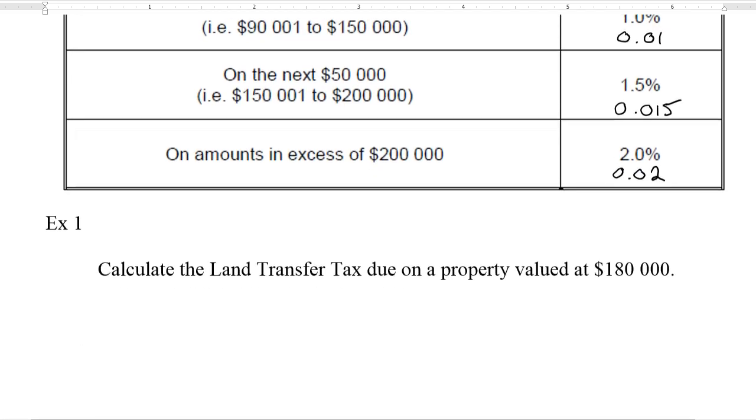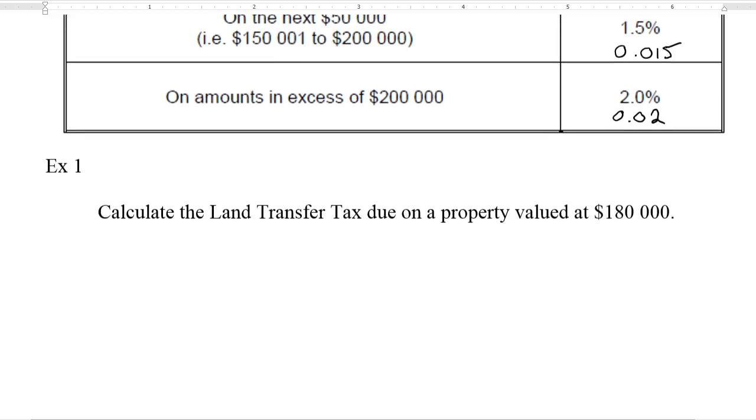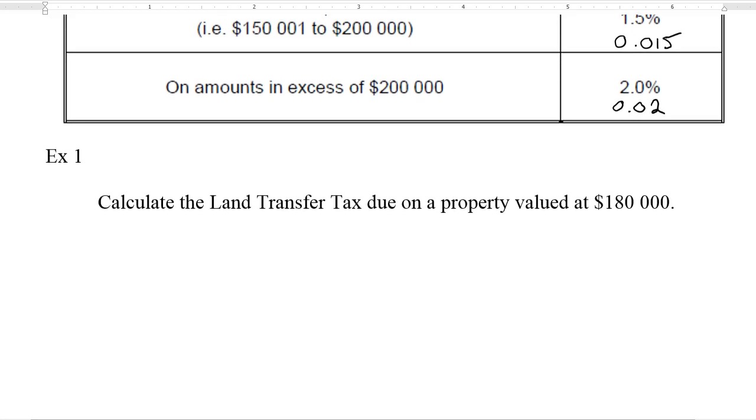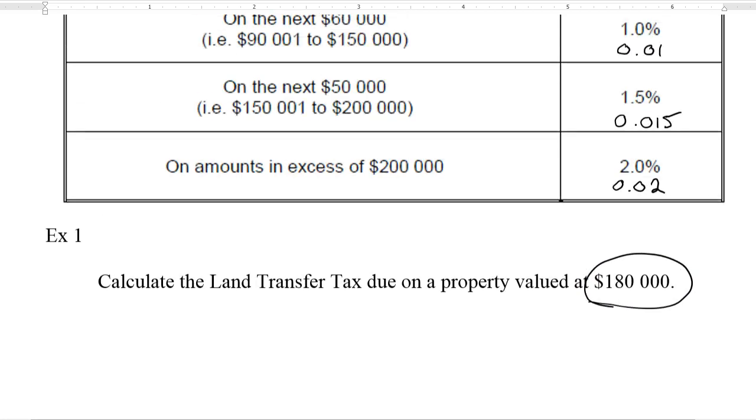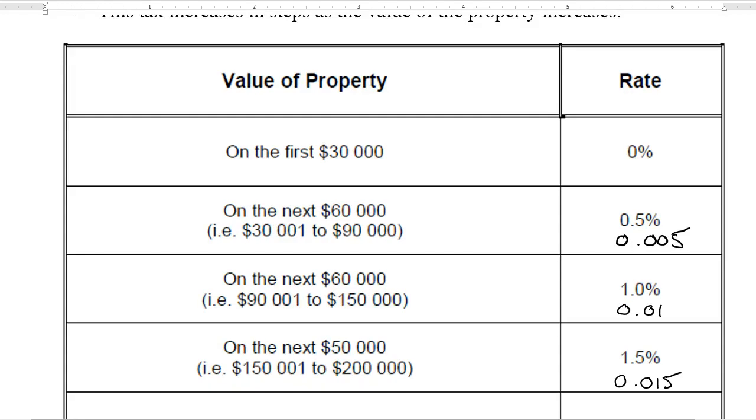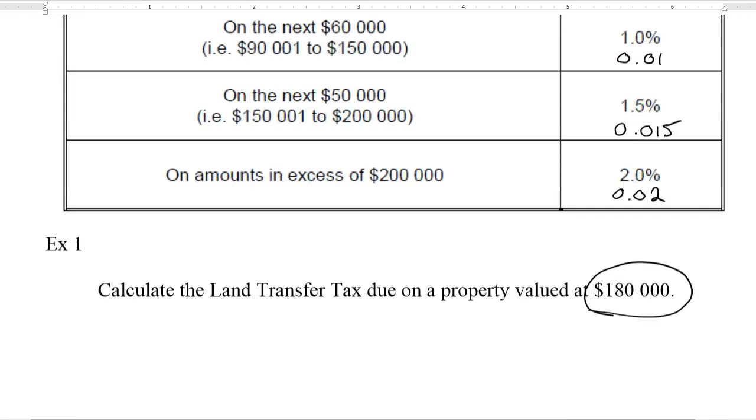Let's look at an example. Calculate the land transfer tax due on a property of $180,000. What I like to do here is set up my individual steps from 0 to 30 as my first step.